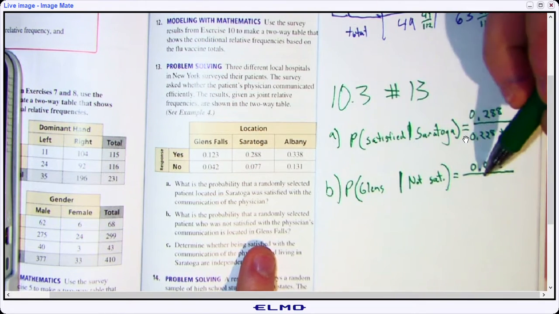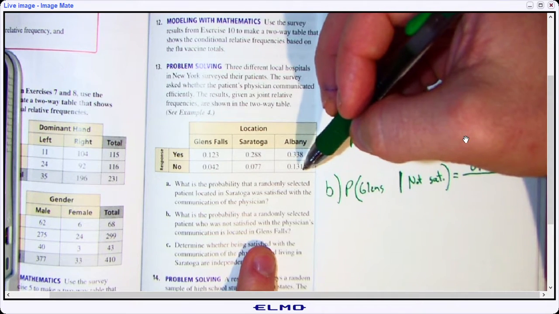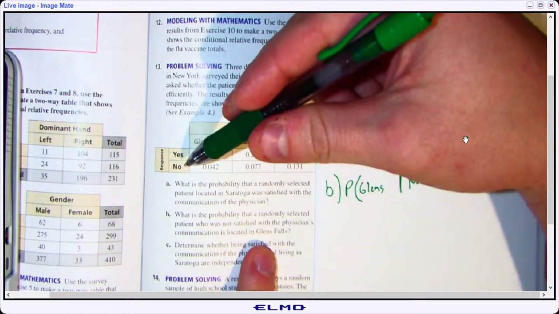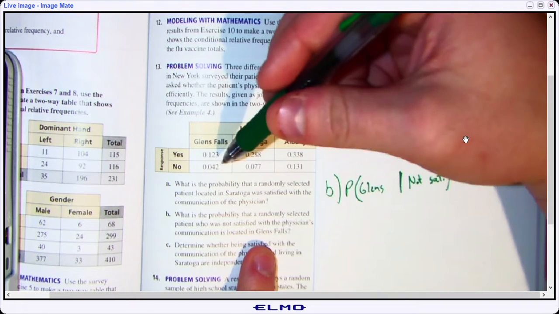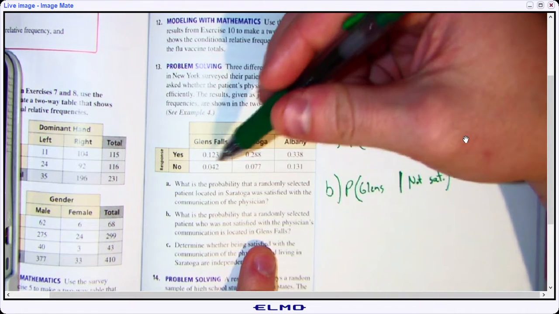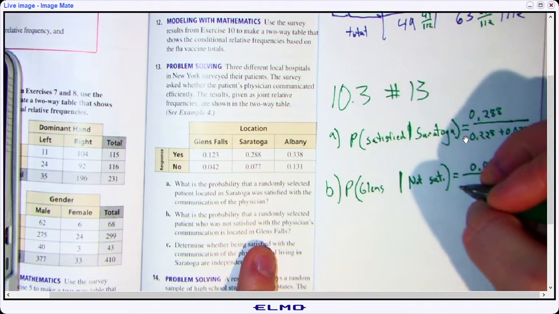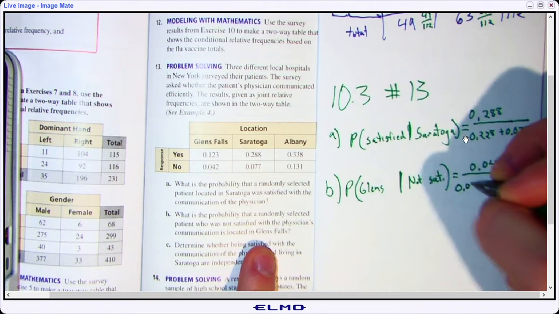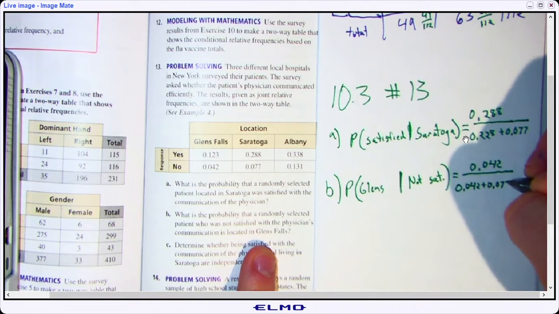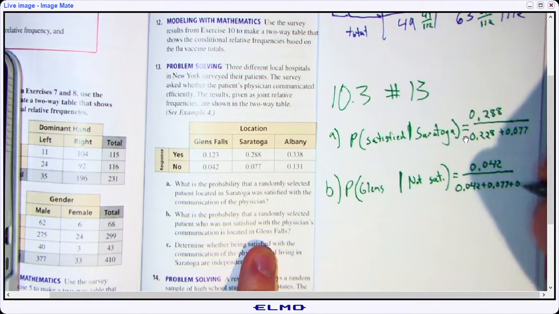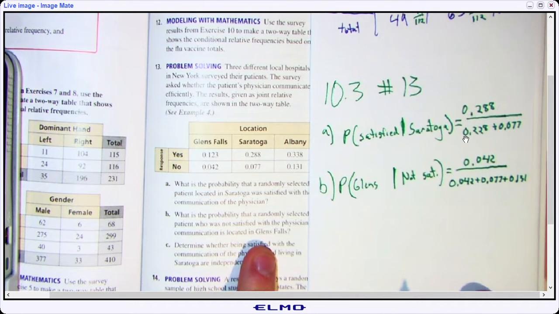To get the value for our denominator, we have to add up all 3 of these values, because the condition was that they're not satisfied. So we put the value for Glens Falls over the sum of everyone who was not satisfied. So we get 0.042 plus 0.077 plus 0.131. And then if you do this out, you should get the correct answer.